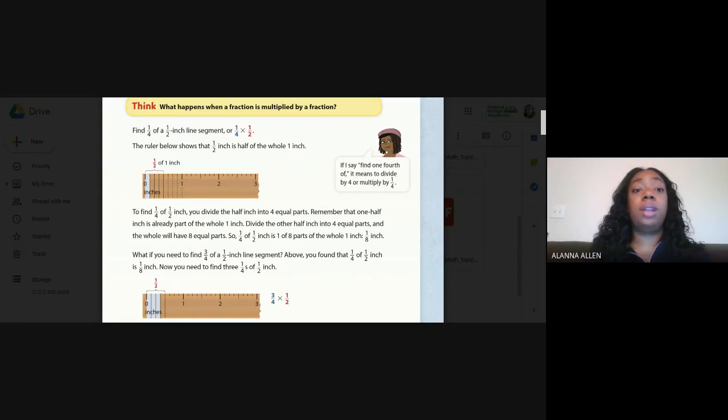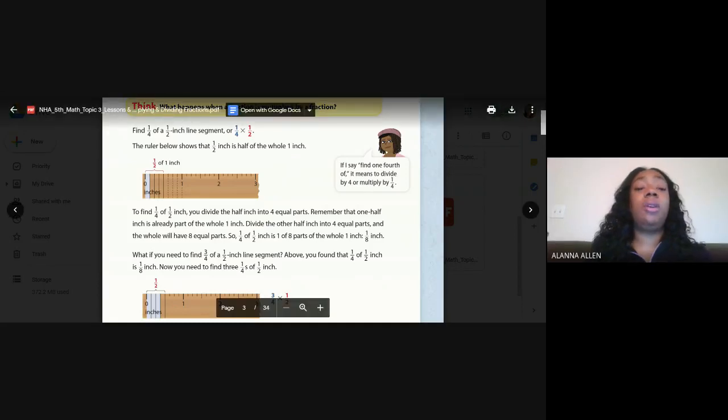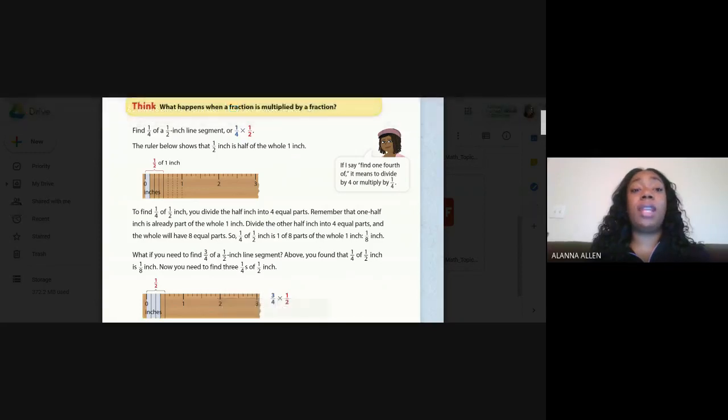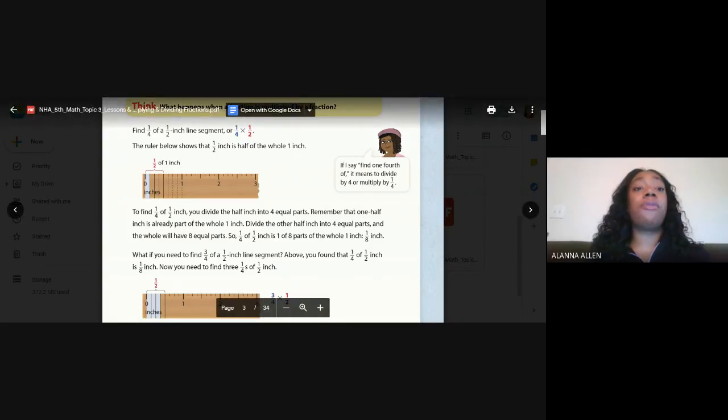Okay. So 1/4 of 1/2 inch is 1 of 8 parts of a whole inch. So 1/8 inch. Because essentially, since we're multiplying parts of the inch, you still have to take into consideration the whole inch, which is why it's 1/8 of an inch and not just 1/4 of 1/2.